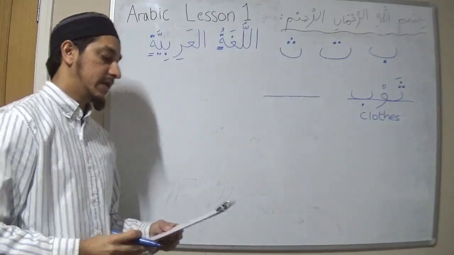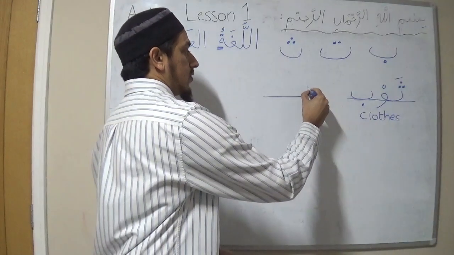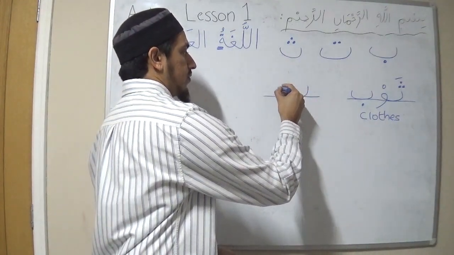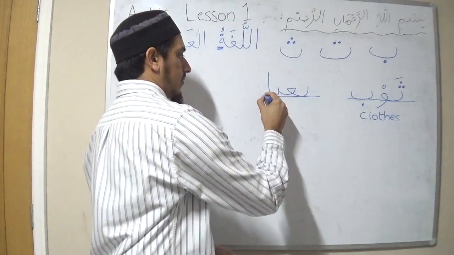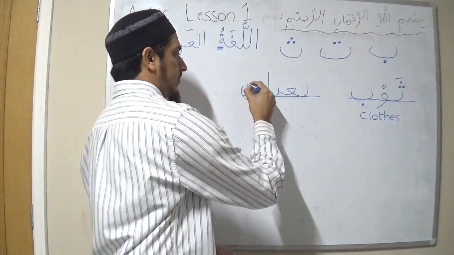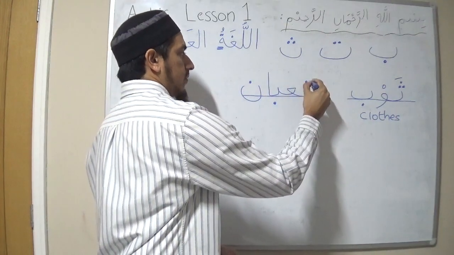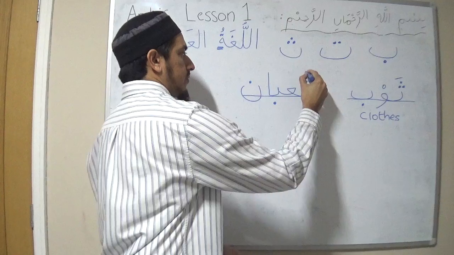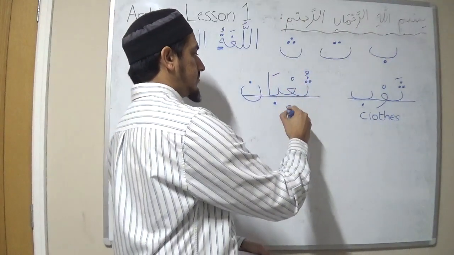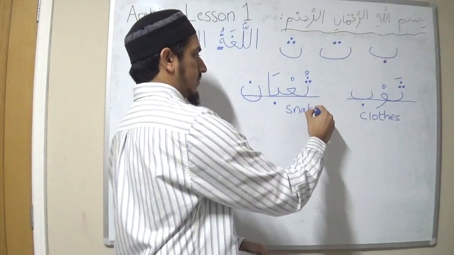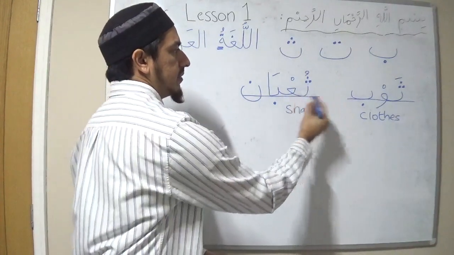We have thu'ban. Thu'ban, and the noon comes below. Thu'ban is a serpent or a snake. And then tha at the beginning again.